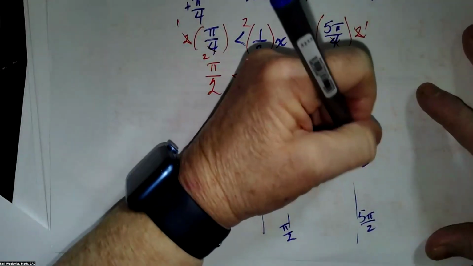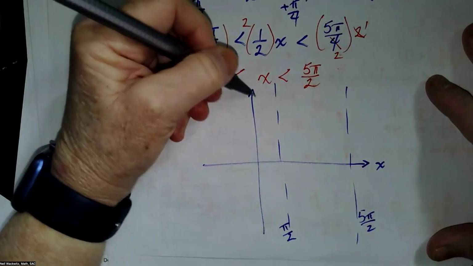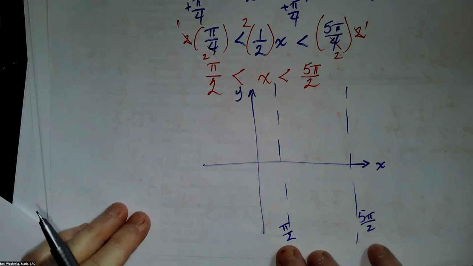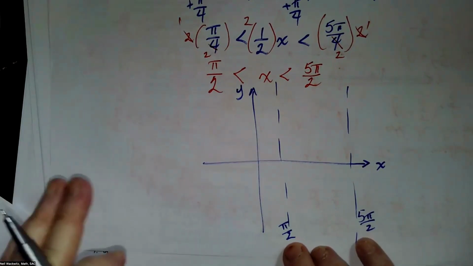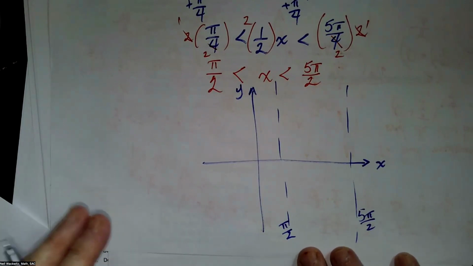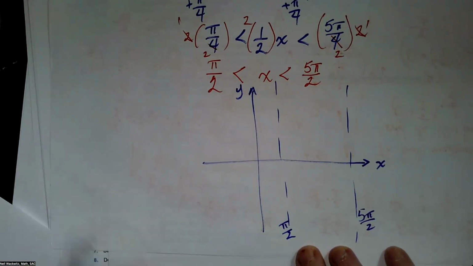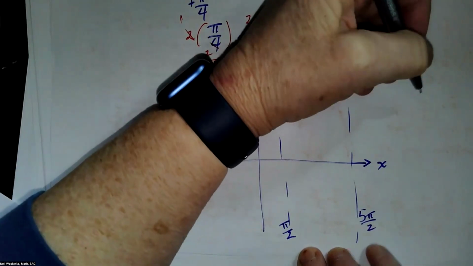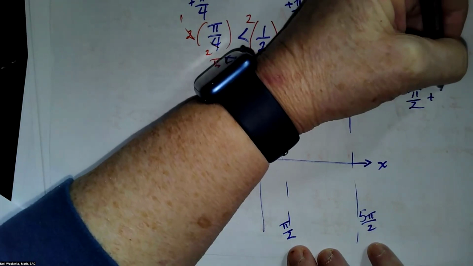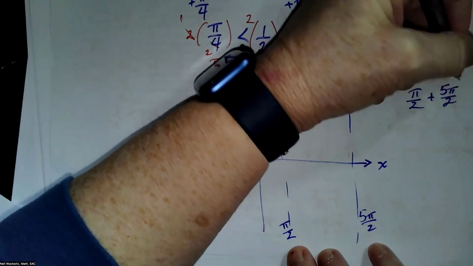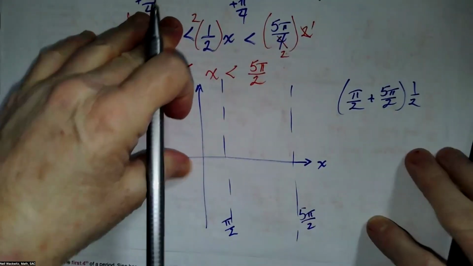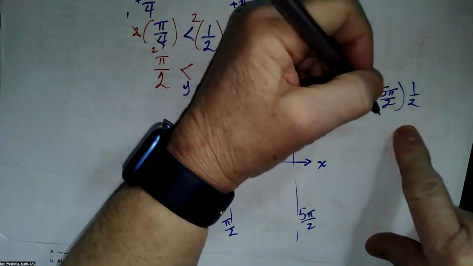And I need to find the midpoint. So remind me how to find the midpoint if I know two x values. You add them together. Good. And then you take the answer of that and multiply it by 1/2. Very good. So that gives us 6 pi over 2.